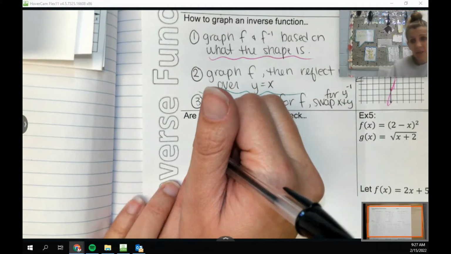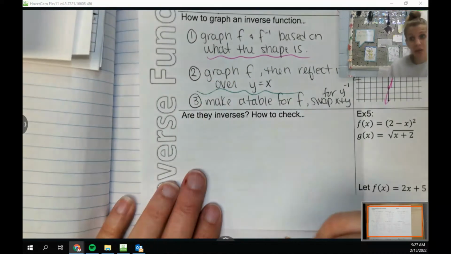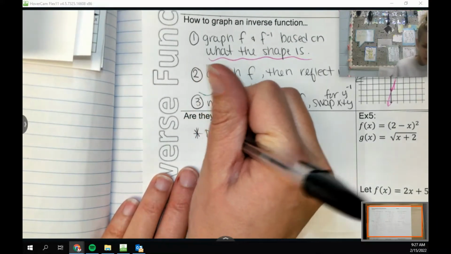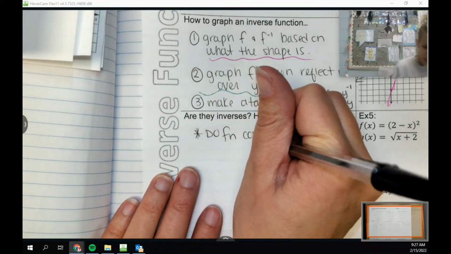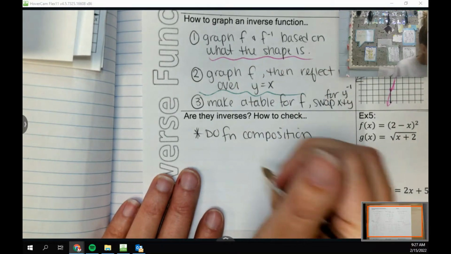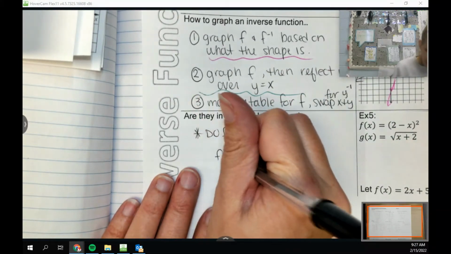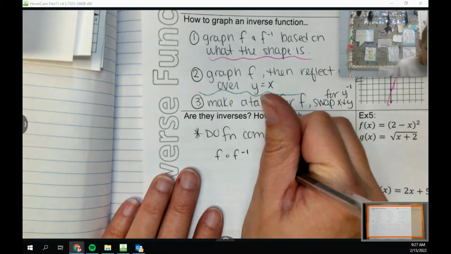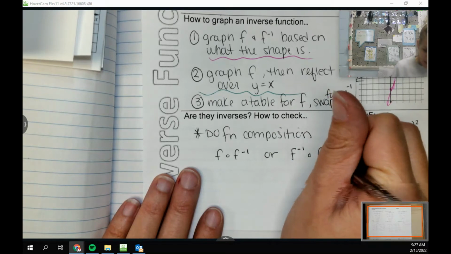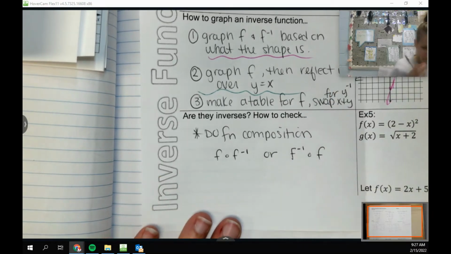So again, they're going to give me the function and its inverse, or its potential inverse. The way I check is we do function composition. So either f composed with its inverse or the inverse composed with f. Either way is fine.